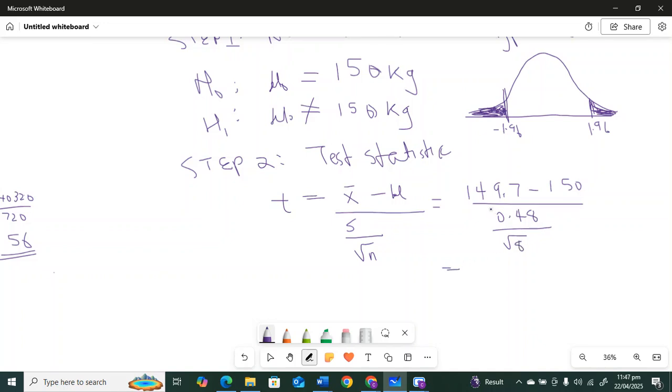I believe earlier on we did this tabulation. The square root of 8 is 2.8. 0.48 divided by 2.8 is 0.17. So our denominator is 0.17.